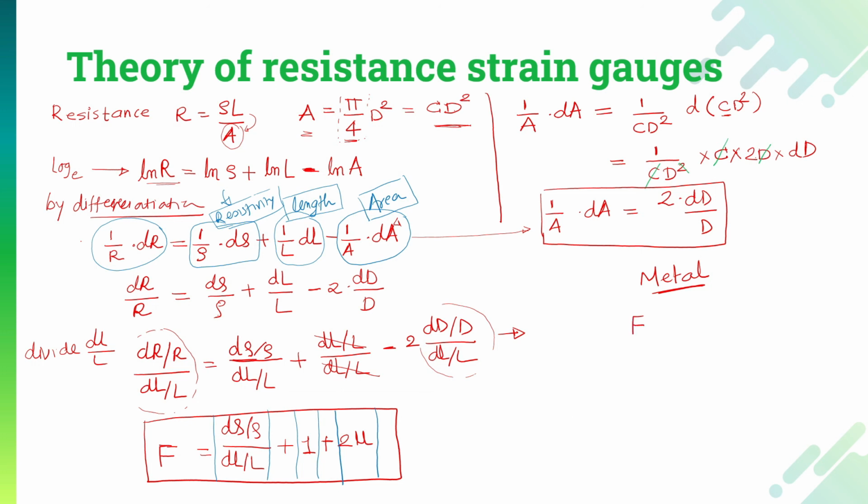So the final equation is going to be something like this: the gauge factor F is equal to 1 plus 2 mu. Remember, for metals normally F is equal to 1 plus 2 mu, and for all the other materials, whenever there is a resistance change due to resistivity, in that case you have to use the first equation that we have derived over here.